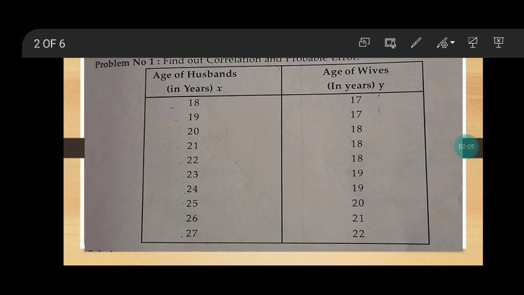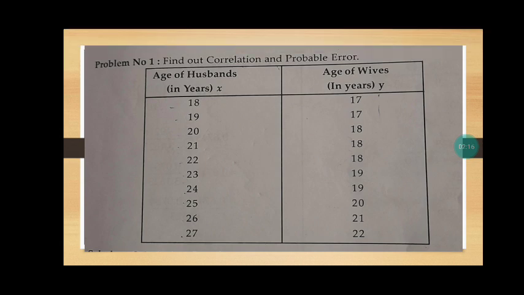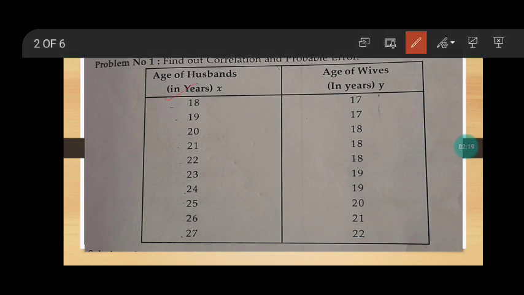In the problem you can see that you are being given two series, series X and series Y. Series X is represented by age of husbands and series Y by age of wives. So two variables are given here: age of husbands, represented by the X series, and age of wives, represented by the Y series.